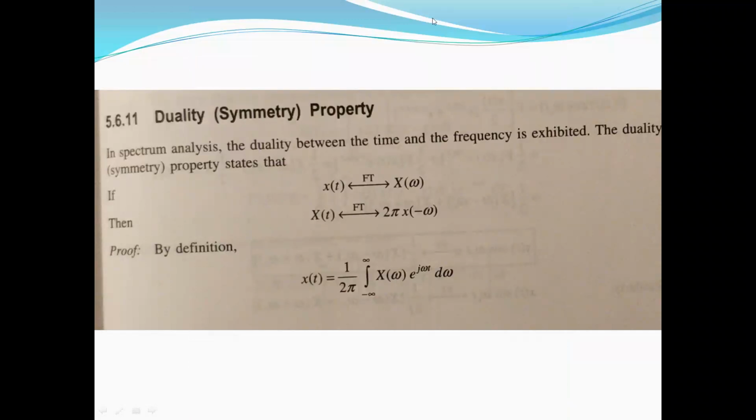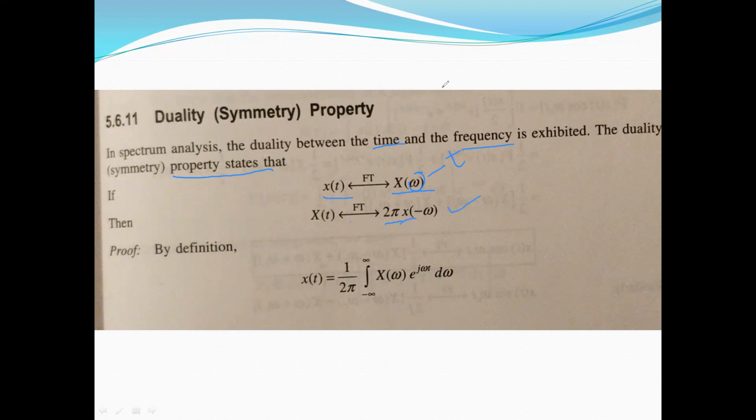According to the duality property, this is for system analysis. In system analysis, duality between time and frequency is exploited. The duality property states that if a signal x of t has a Fourier transform of X of omega, then according to the duality property, capital X of t, we are just substituting t in place of omega, has a Fourier transform of 2 pi into x of minus omega.